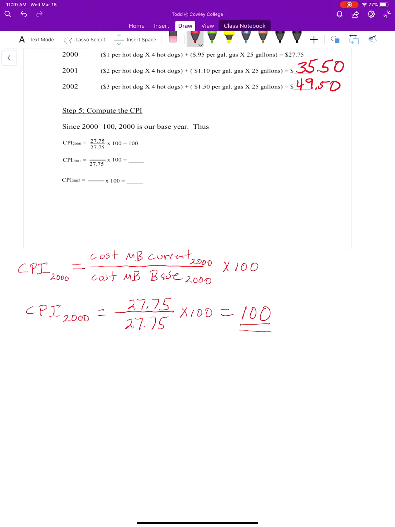I want you to note there are no units for the consumer price index. In other words, the consumer price index is not a dollar value, so don't tell me it's $100, and it is not a percentage. There are no units behind that whatsoever.